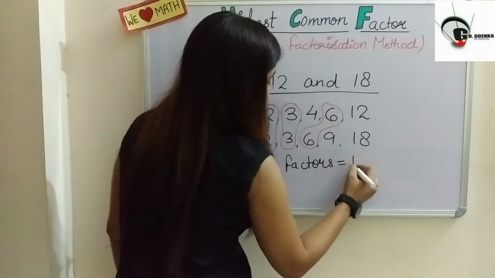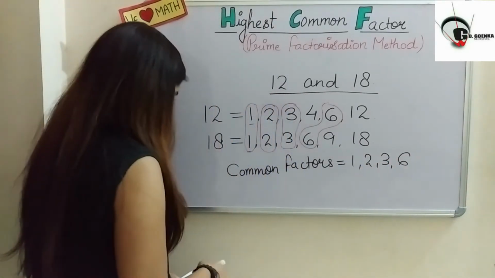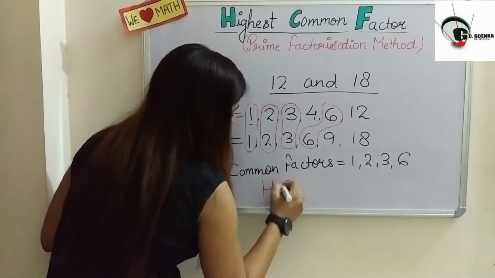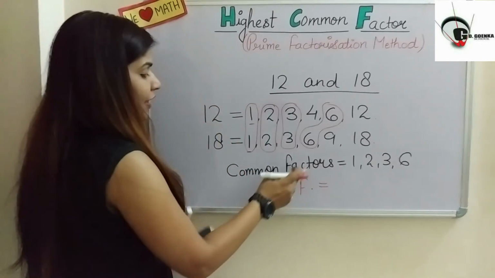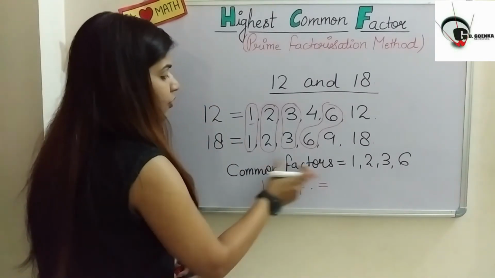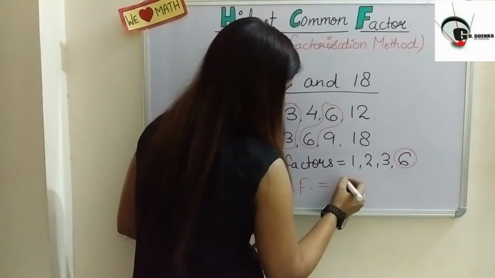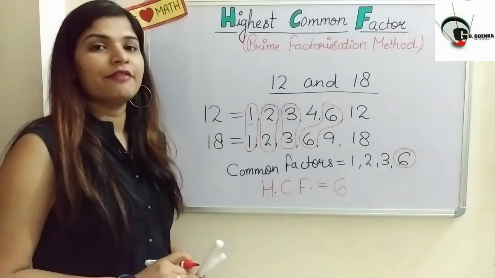So the common factors are 1, 2, 3 and 6. And what is the highest common factor? The highest one from all the common factors is 6. So we have 6 as the HCF of 12 and 18.